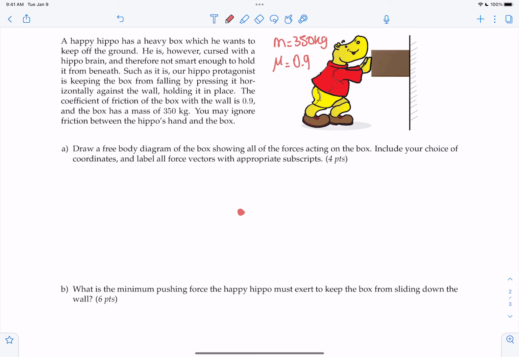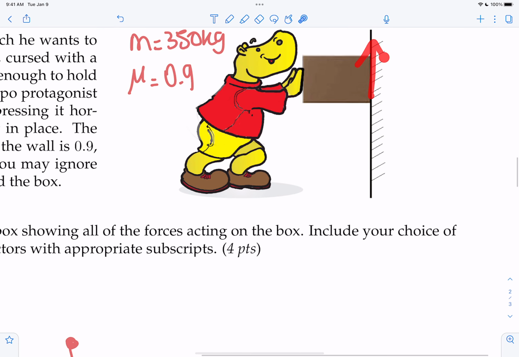Yep, we have Fg, force of gravity, and we have normal force. Normal force is going to be pointing in which direction? It's just a review of the last couple of weeks. Would normal force be pointing up?